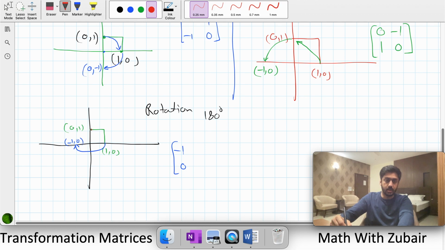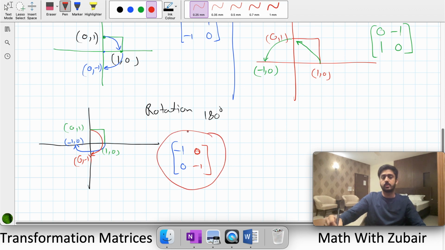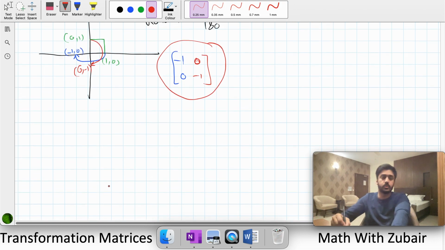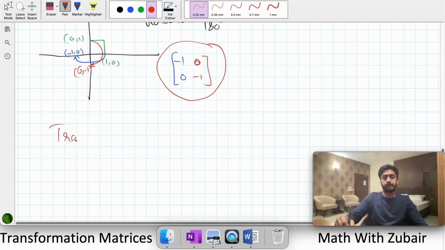And this point after 180 degree rotation comes over here and becomes x0, y minus 1. So 0, -1. So you have the matrix of rotation of 180 degrees about the origin. Translation has no matrix. It is a vector.